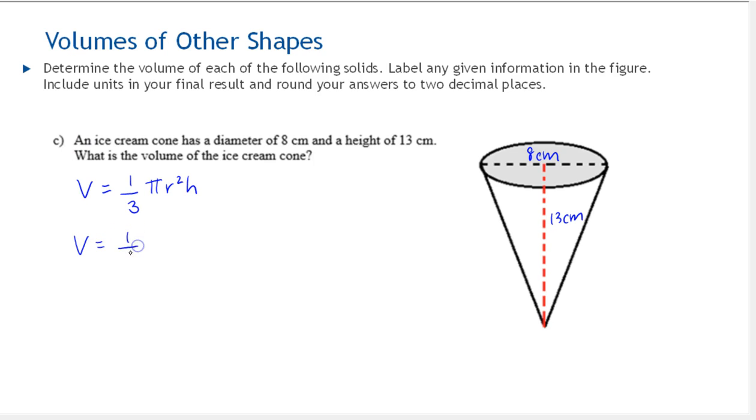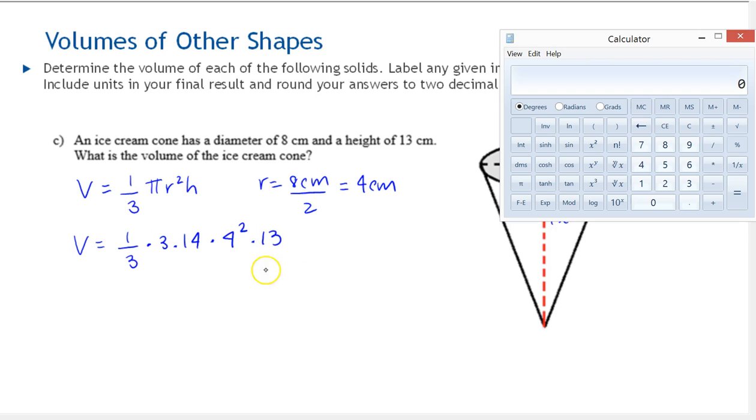So I'm going to put in these values. Oh, first, radius. We're not given the radius, we're given the diameter. So let's first find the radius. It's 8 centimeters divided by 2, which is 4 centimeters. So we have 1/3. I'm going to use an approximation for pi, 3.14, times the radius, which is 4, squared, times the height of 13.